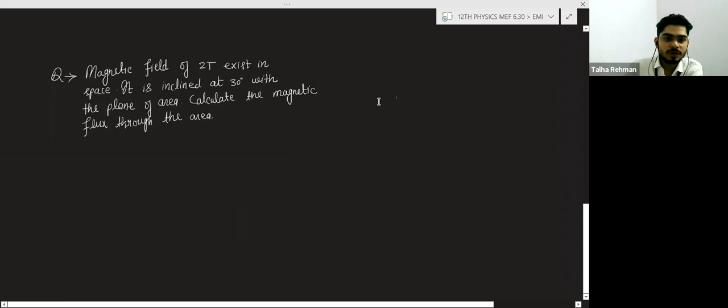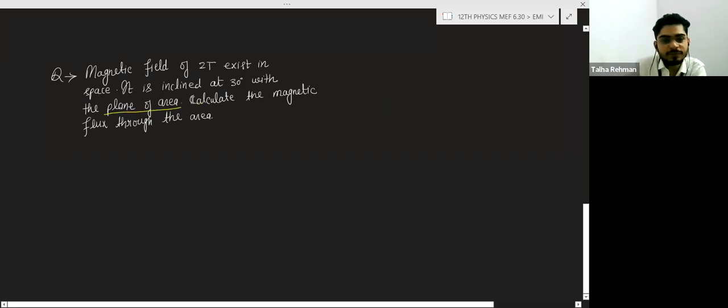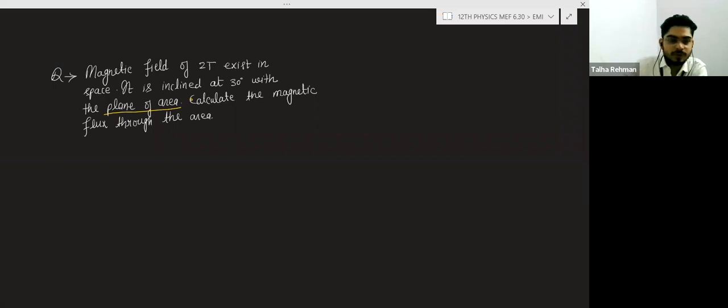A magnetic field of 2 Tesla exists in some space, and it is inclined at 30 degree with the plane of the area. Calculate the magnetic flux through the area.